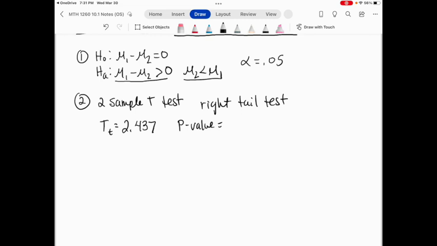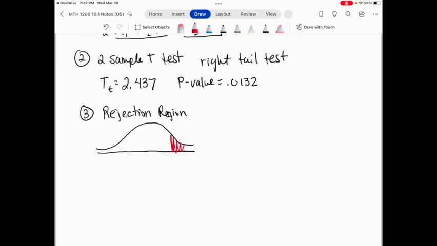So now we're going to use this information to create a rejection region. It's a right-tailed test, so I'm going to be looking at the right tail. I want to find that cutoff point, so I need to find my t-critical, and I'm using t-critical because this is a t-test. So to find that critical value, I'm going to use inverse t, and I'm going to find that my t-critical is going to be 1.89.